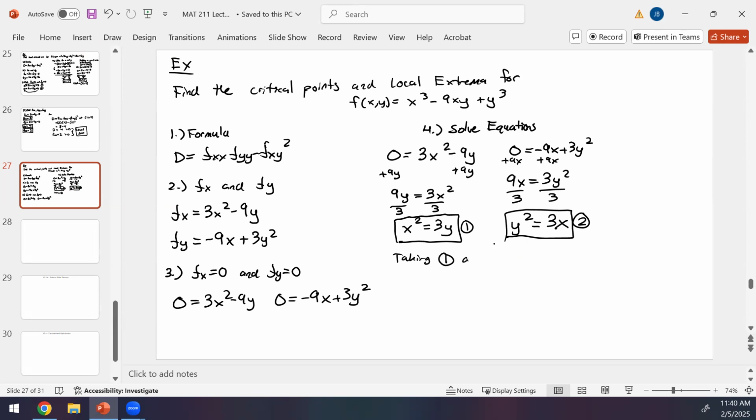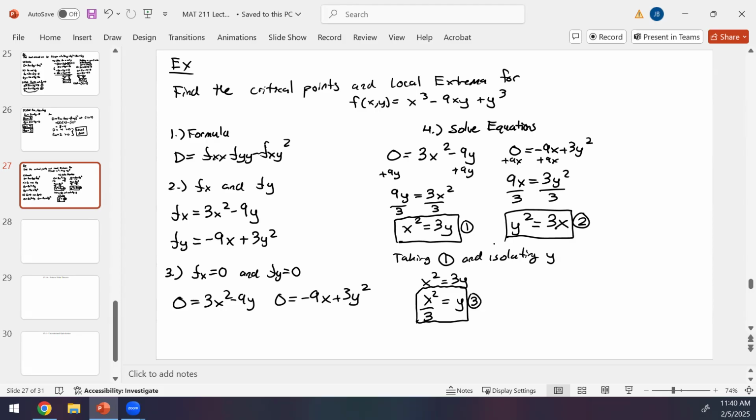So taking equation 1 and isolating y, so x squared equals 3y, y is equal to x cubed. Nope, that's incorrect. x squared divided by 3. I just divided both sides by 3. And so now I'm going to call this right here equation number 3.